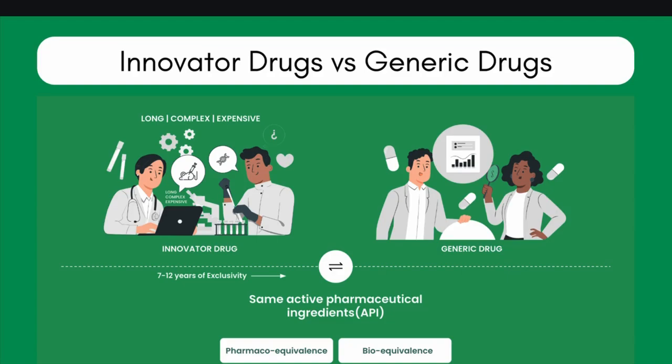definition. Okay, so let's say there's a disease called coronavirus. At that point of time, 4-5 different companies started innovating, researching and producing medicines, and then they all came up with medicines. For the next 7 to 12 years they enjoy the exclusivity for the coronavirus drug, and after 7 to 12 years of exclusivity, when their patent has expired, the drug can be manufactured by any other pharma company in the market.